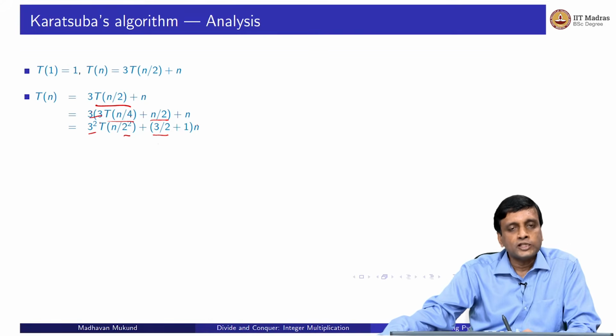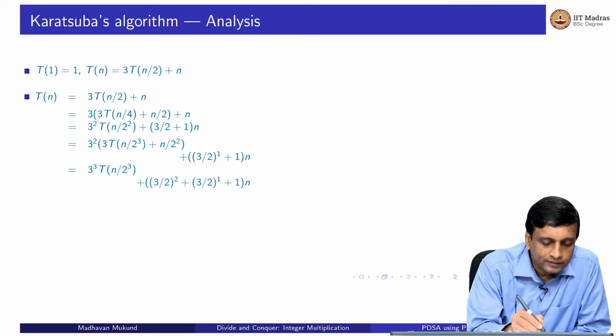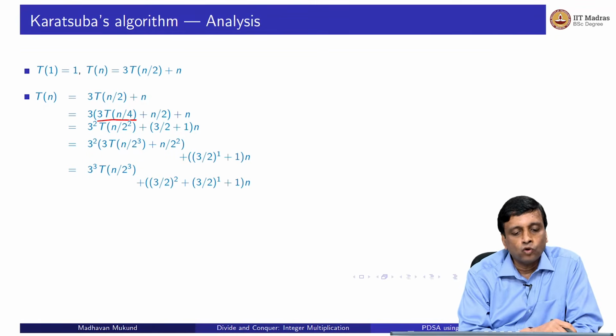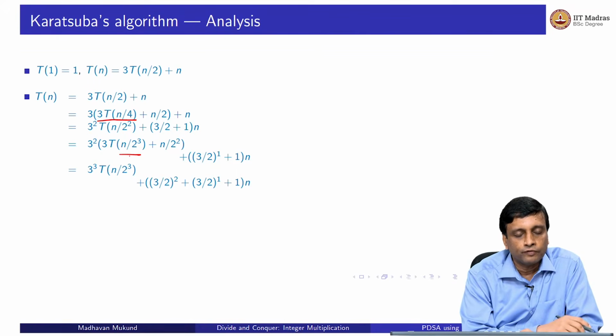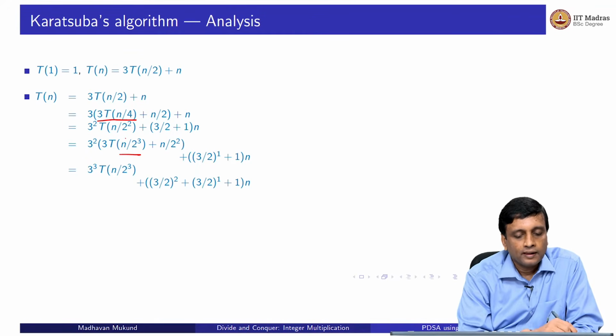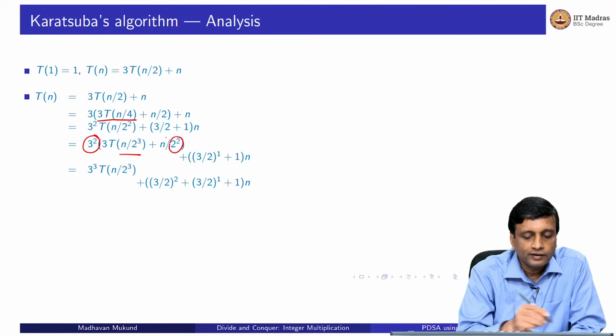If I expand it once more, the pattern becomes a little clearer. If I now replace this quantity using n by 4, then I will get n by 8, which I will write as n by 2 cubed, 3 times t of n by 8, and n by 2 squared, because that is what I passed. And now if I look at this, I have this 3 squared divided by 2 squared.